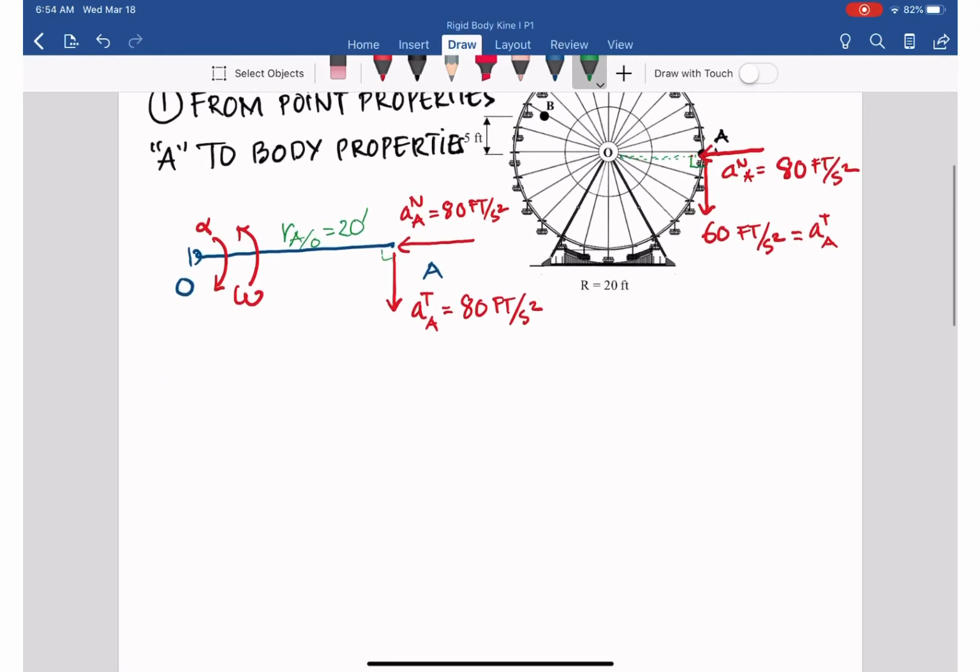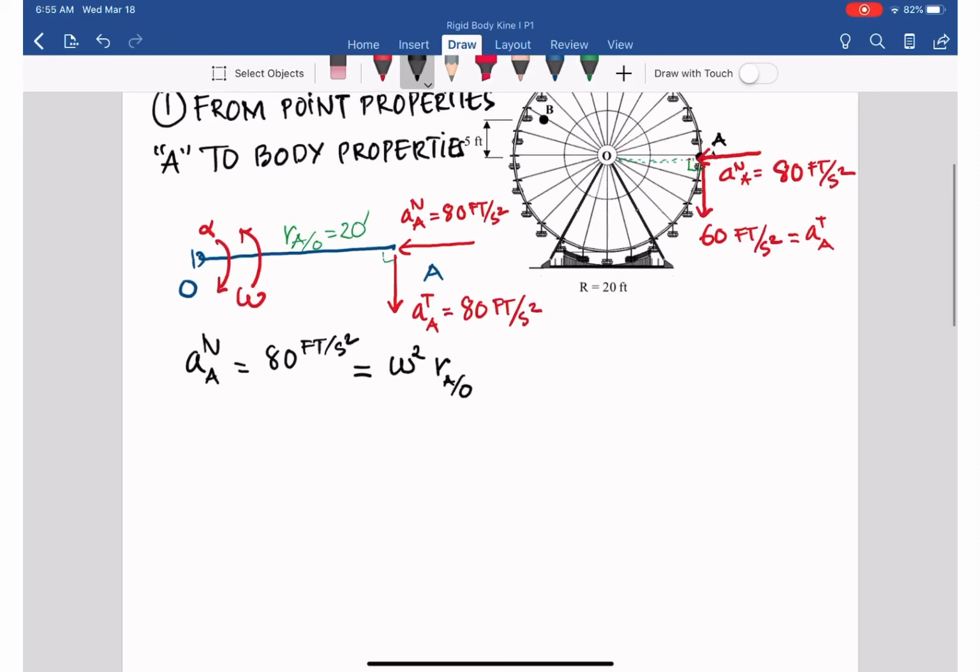So when you have that, you can go ahead to solve the problem. As you can see, AN is equal to 80 feet per second square, and that is what is given. And we want to find out the body properties of the wheel. So in this case, you need to relate with the equation we have. If you recall, AN equals omega square times the radius of A relative to O. And we already know the radius of A relative to O, which is 20.